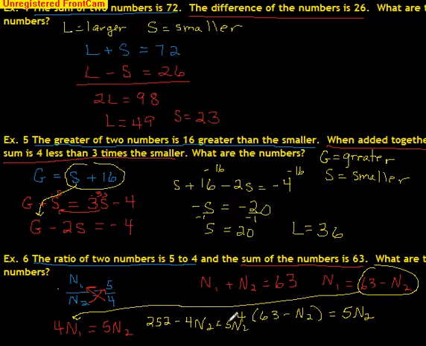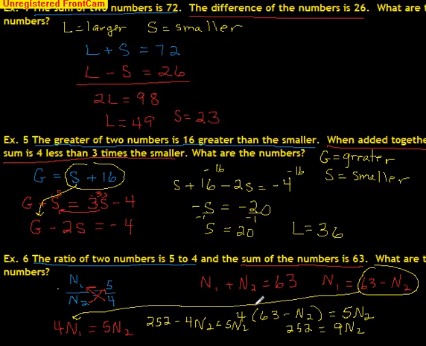It doesn't look like I'm going to get anything close to the right answer here at this point. So we get 252. Sorry, I have to squeeze this in. I'm going to add 4 n sub 2 to 5 n sub 2, and I get 9 n sub 2. And then we divide both sides by 9. And I get the right answer.